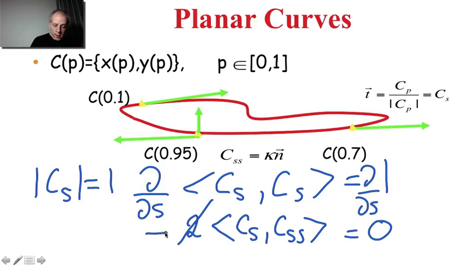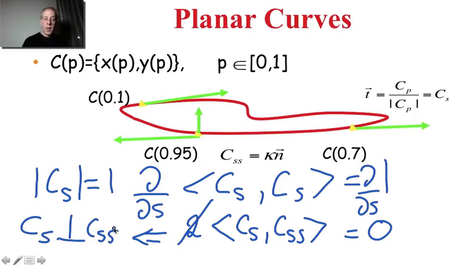So from here, we get that C_s, the first derivative, is perpendicular to the second derivative. Now the magnitude of the first derivative is 1. The second derivative is perpendicular to the first one. All the time when we are taking derivatives according to s, the first is a unit vector, the second is perpendicular to it. So this is the second derivative.